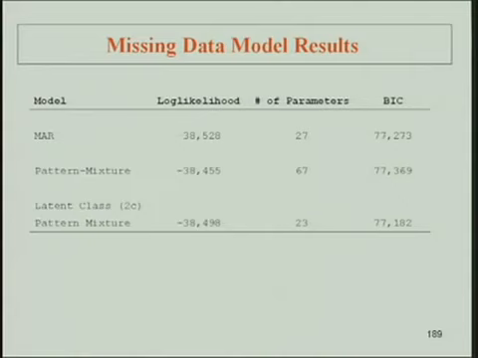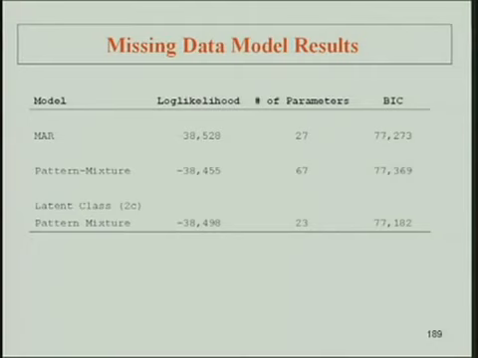We do our usual MAR analysis, including the U's for MAR, and we do it for pattern mixture, obviously. And we're also going to do a latent class pattern mixture analysis. As usual, we're interested in three things. When we can't rely on chi-square, we go by log likelihood, number of parameters, and the BIC. Low BIC is best.